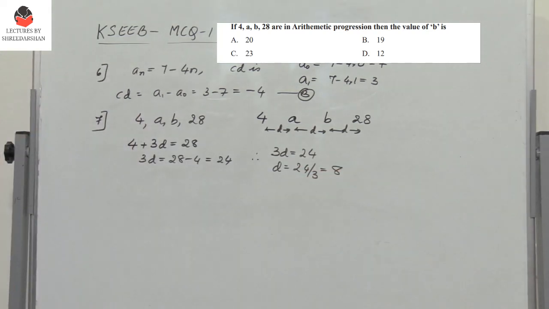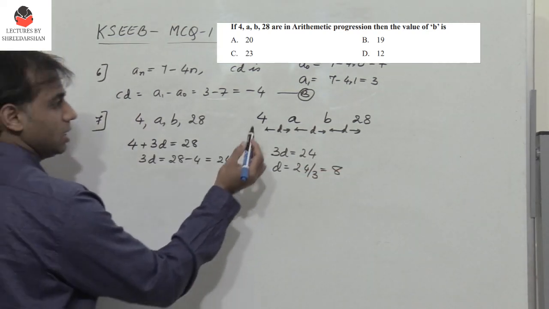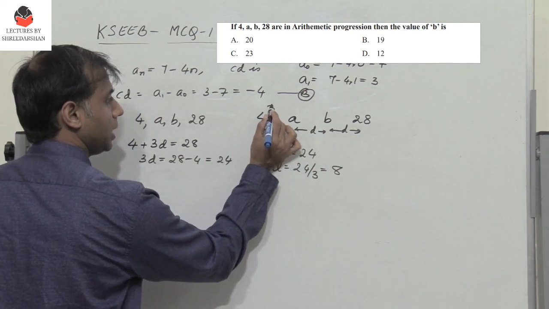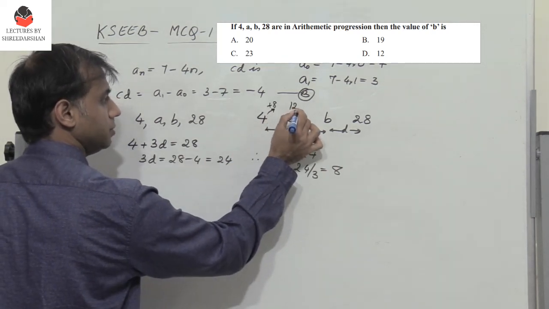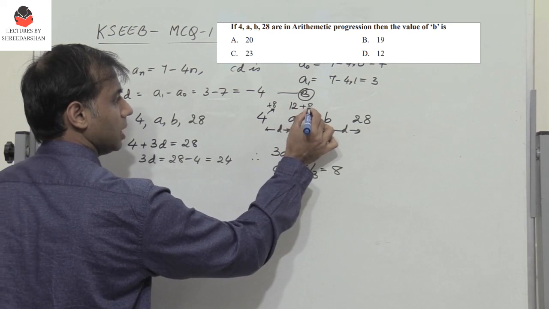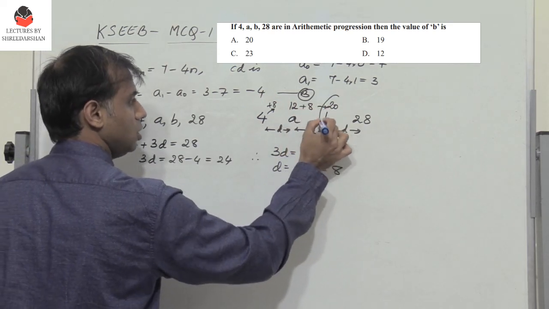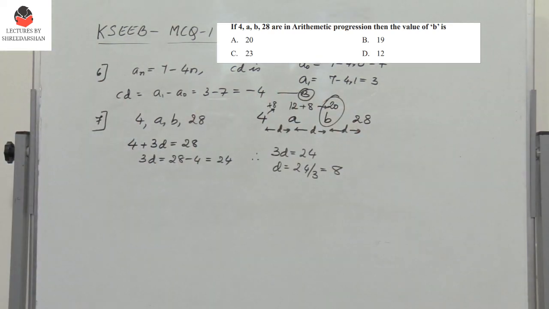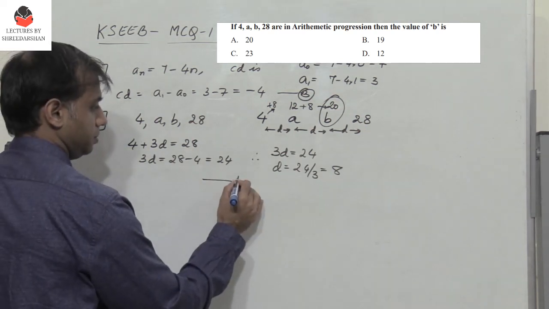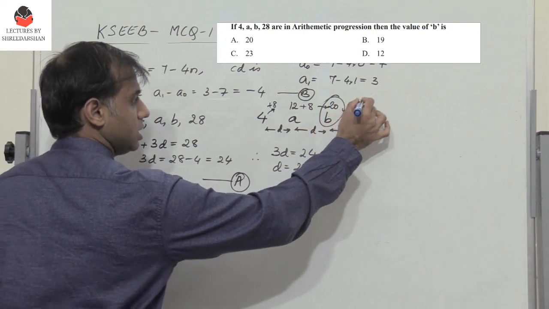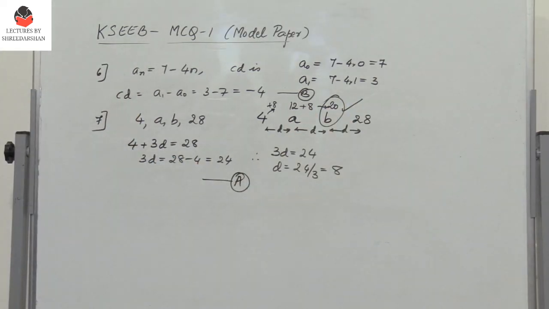So the common difference is 8. So what is a? a is 4 plus 8, which is 12. And b is 12 plus 8, which is 20. So the value of b is 20 here. So the right answer option is A.